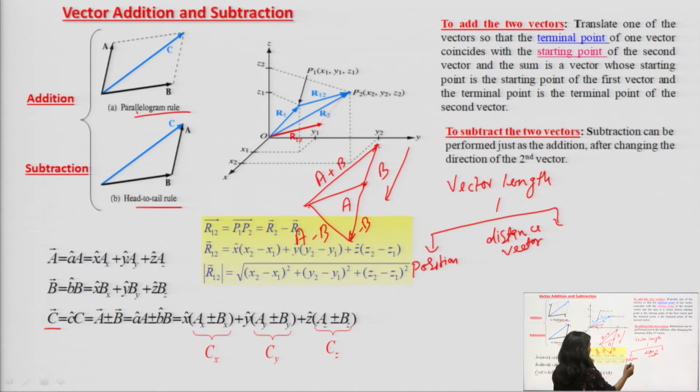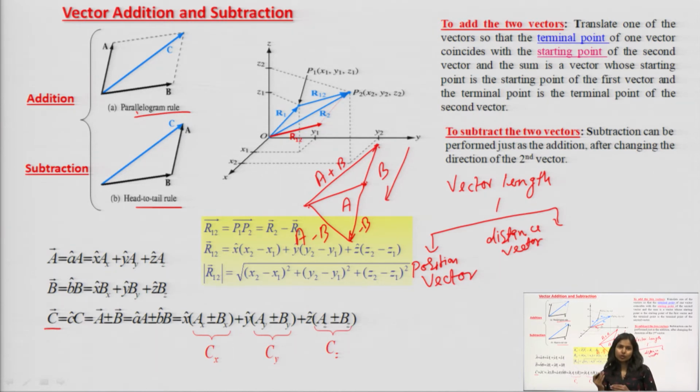See, if some points are given, as for example here one point is P1 and the other point is P2, the vector from the origin to P1 will be termed the position vector. Similarly, the vector from the origin to P2 will be termed a position vector.